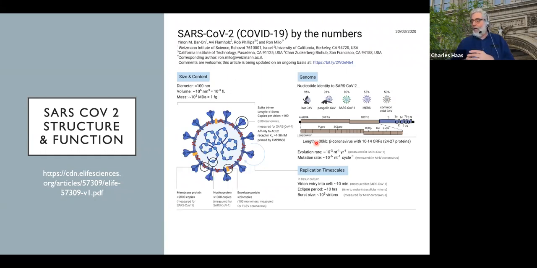And after about 10 hours of doing so, it produces a large number of copies, perhaps as many as 1,000. So a virus enters in, 10 hours later, we get 1,000 viruses out. This is responsible for the explosive growth of viruses in a human cell.